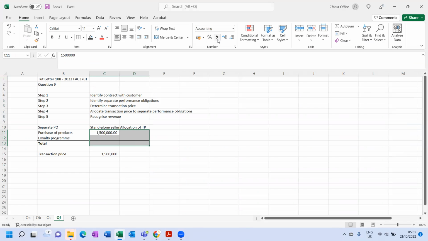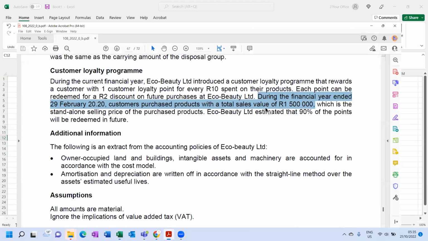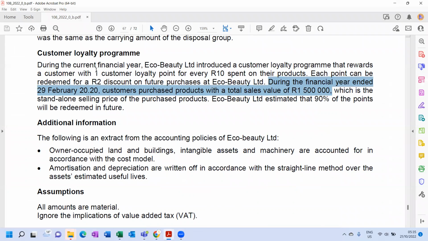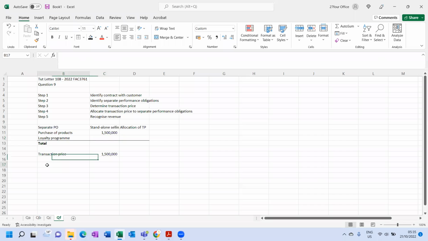We now need to work out the standalone selling price of the loyalty program. How do we do that? We use what they told us: one point for every 10 rand spent. So this is how we're going to work it out.